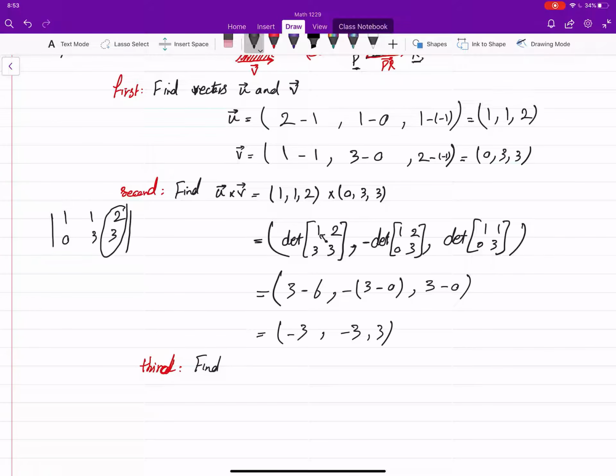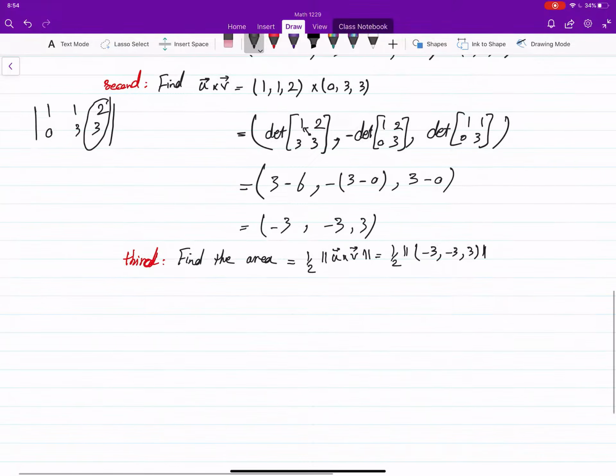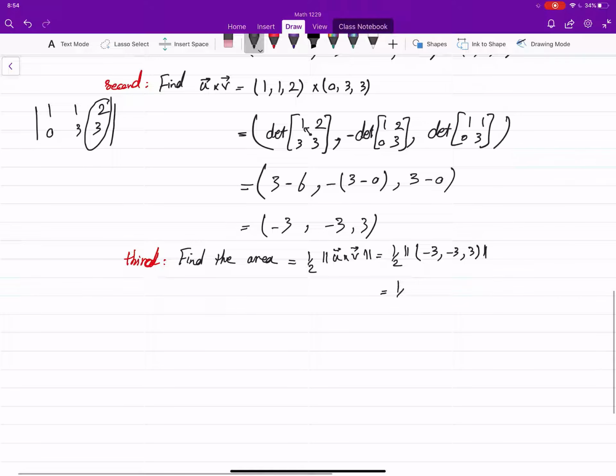Find the area. The area is half of the length of u cross v, which in this case is the vector (-3, -3, 3). Find its length and then divide it by 2. It is half of the square root of (-3) squared, (-3) squared, and then 3 squared, then add them.